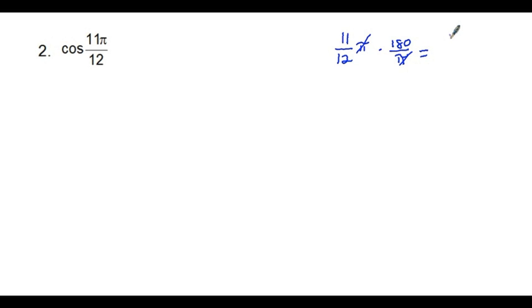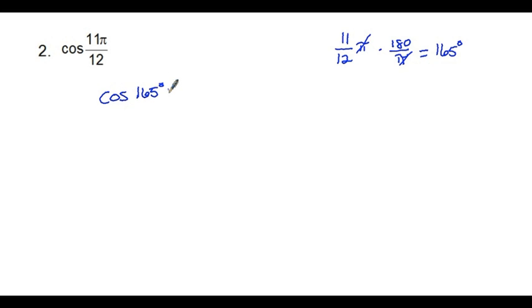So that would give me 165 degrees. And if you did this in fraction form or the radian form, 11 twelfths would work also. But what I do is I do cosine of 165 degrees.